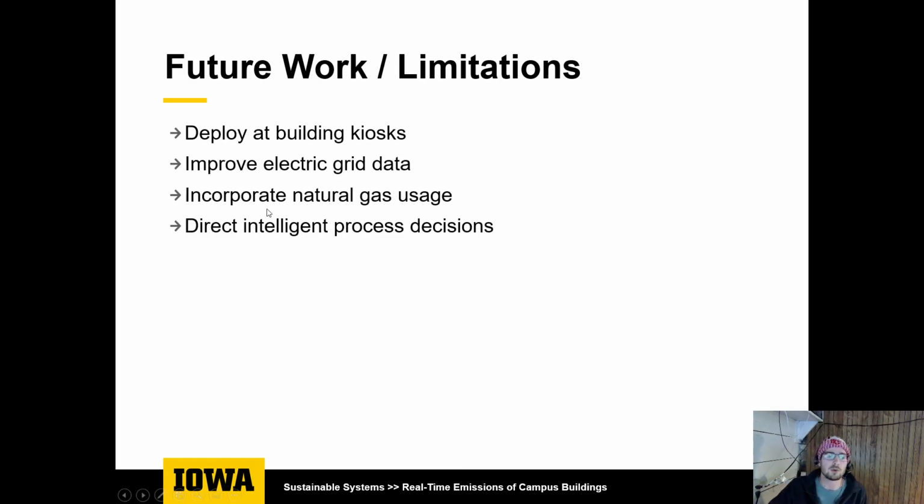If we could direct our high energy processes and have them wait for low carbon times, that would be really cool. And the last item I have here is using what-if analysis with this system.